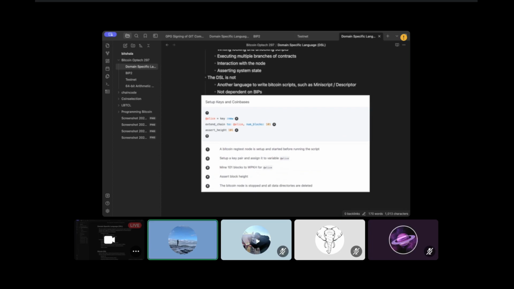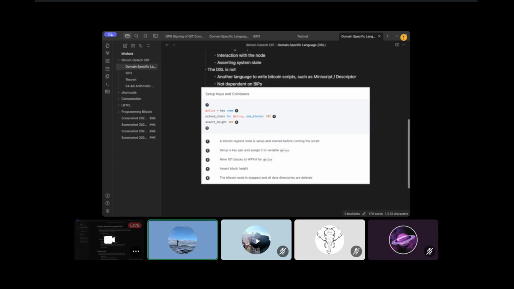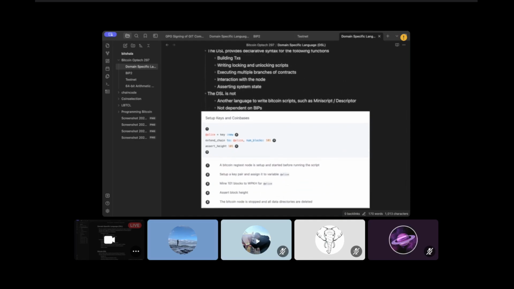There are many other syntaxes like this that have been built under this project. So that is what the DSL is about. And quite a lot of discussion is going on with it.